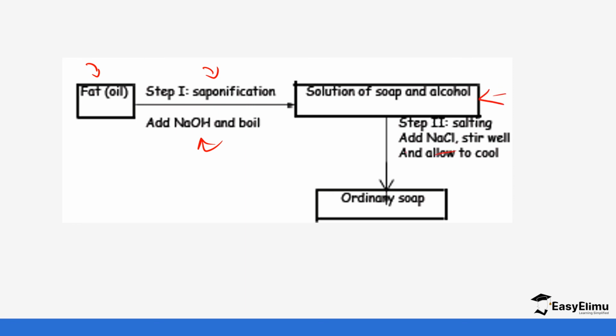It helps to crystallize the soap. That's why it's able to be filtered off as a solid. And then the rest of the impurities are removed as filtrate. And then we get our ordinary soap. So that is the basic way of producing soaps in the laboratory.